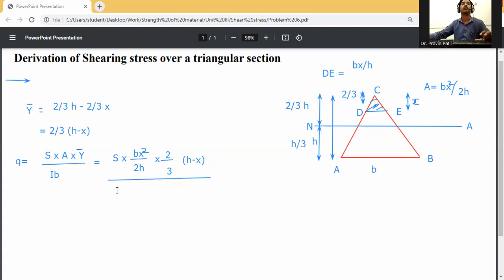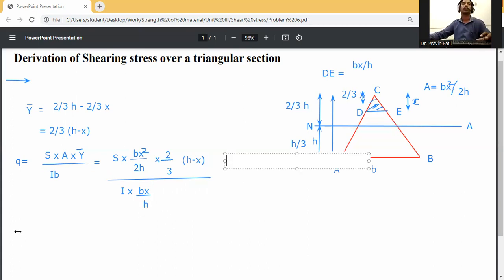I, the moment of inertia, into b. The width at x will be bx by h.